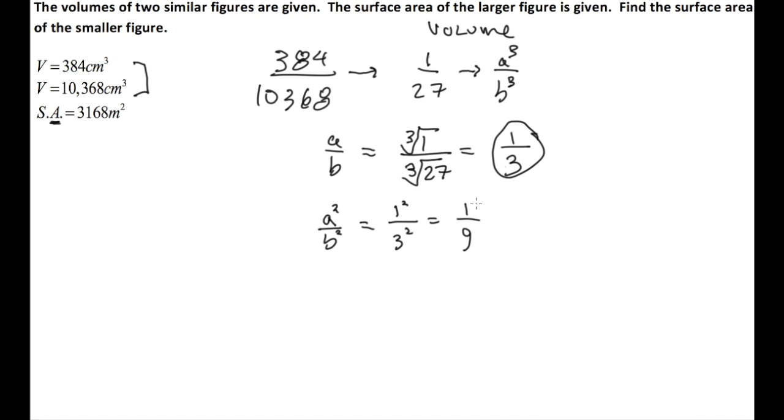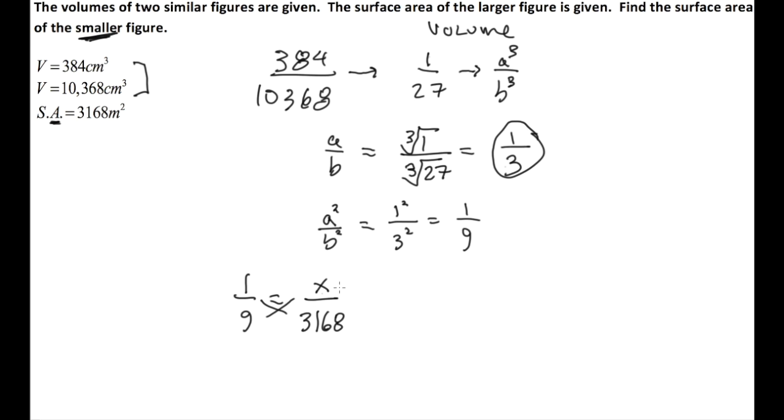This we can use to find the surface area of the smaller figure. Set up a proportion, your favorite, middle school math. 1 over 9, our ratio for the area, equals x, the area of the smaller figure, over the area of the larger figure, 3168.